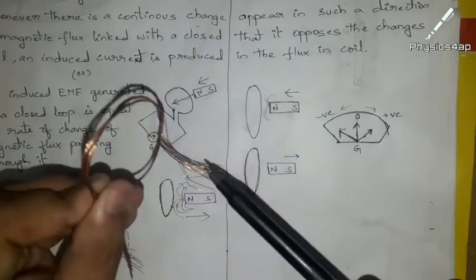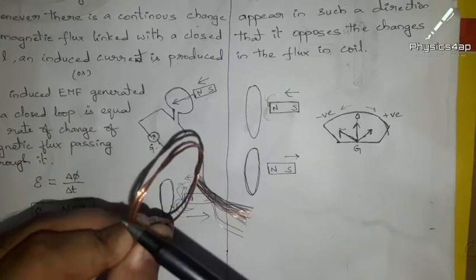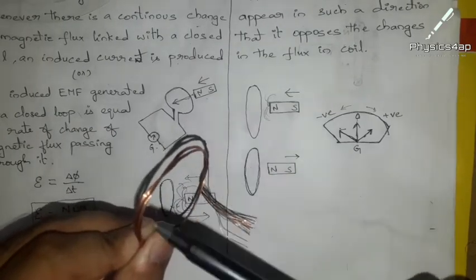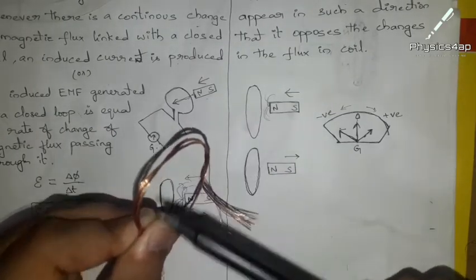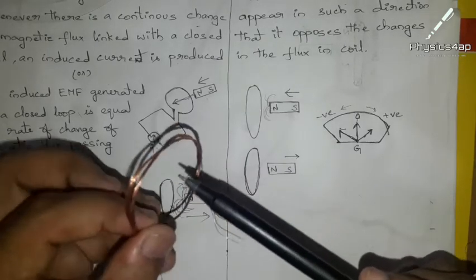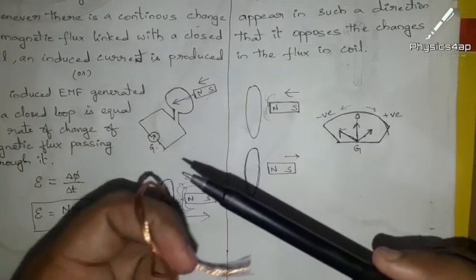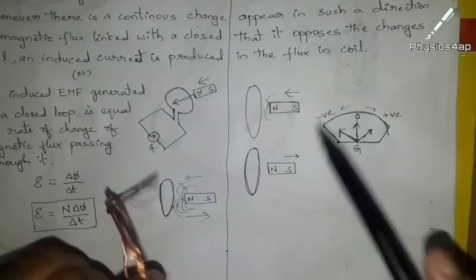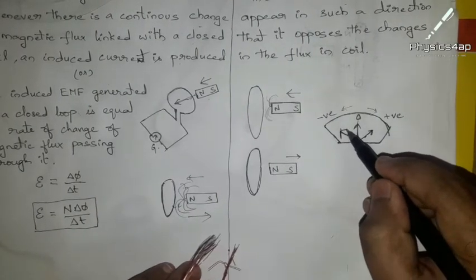As we are coming back, the flux being linked with the charges present in this copper coil makes them attract the magnetic field of the bar magnet. So when they attract, they go to the negative direction.